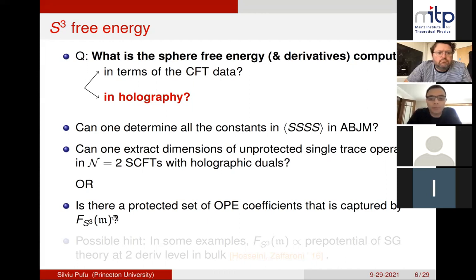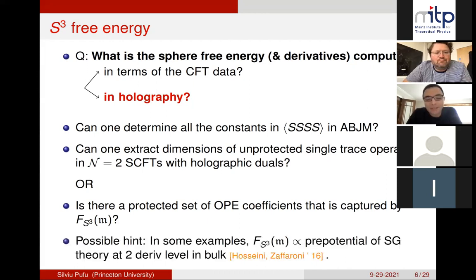So maybe as a little bit of a spoiler, I can say that the answer to all these three questions here is no. And a possible hint, though you may not know what to make of this at this point in the talk: in some examples, for instance in ABJM theory, it was noticed that the sphere free energy as a function of m is proportional to the prepotential of the supergravity theory at the two-derivative level in the bulk.